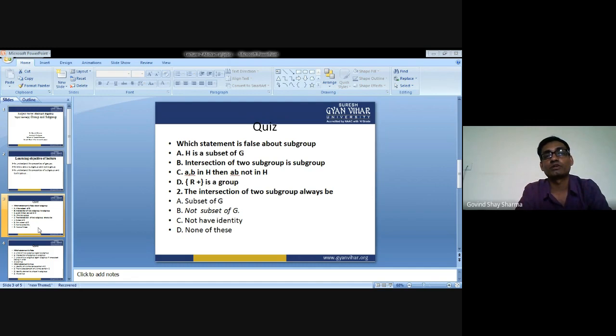This is false; AB definitely belongs to H. The intersection of two subgroups is always a subset of G, because it is a subgroup of G.